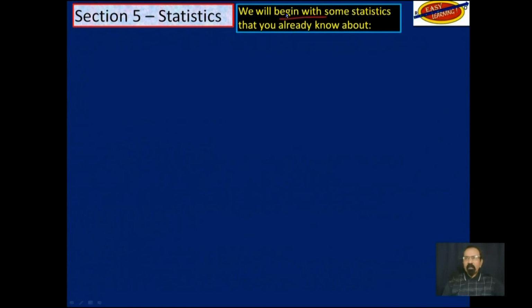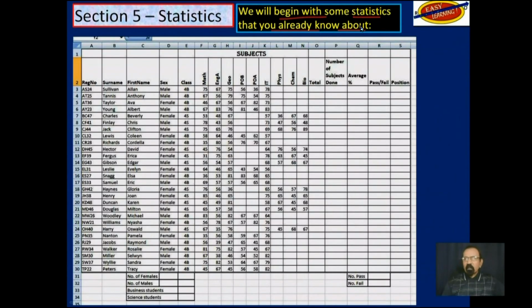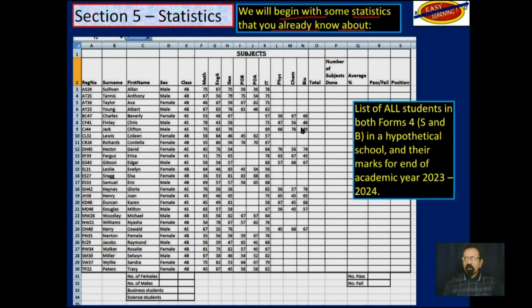So we will begin with some statistics that you already know as an introduction to this section on statistics. If you look at this table here, it shows a list of all students in both Forms 4, that is Form 4 Science and Form 4 Physics, in a hypothetical school, and their marks for the end of the academic year 2023-2024.